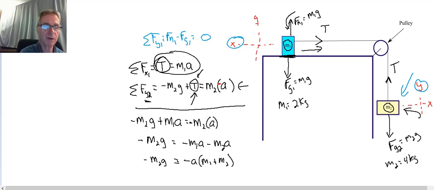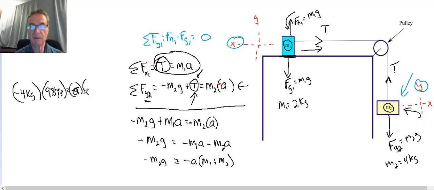So negative 4 kilograms, that's m2, times g, which is 9.8 meters per second squared, is equal to negative a, which is what we're trying to find out, times m1 plus m2. Well, m1 plus m2 is 2 kilograms plus 4 kilograms, so that's 6 kilograms.